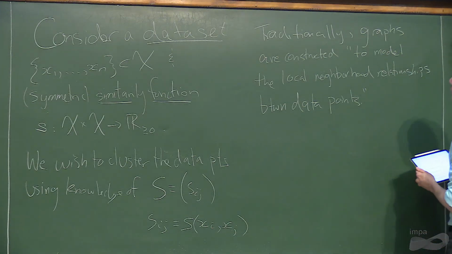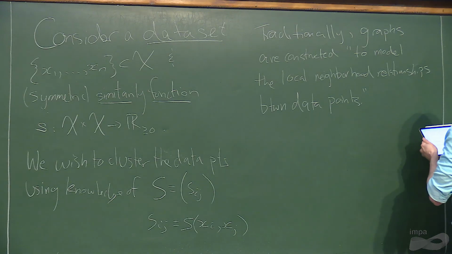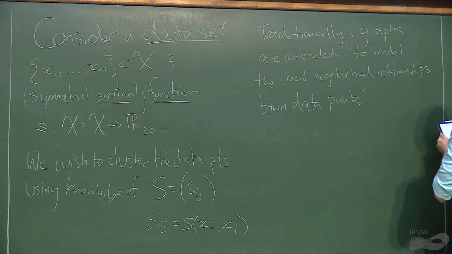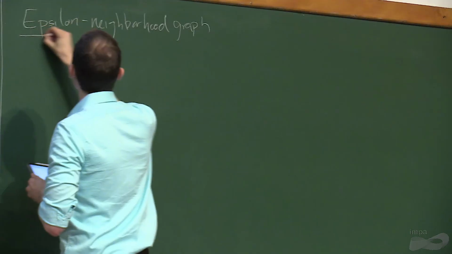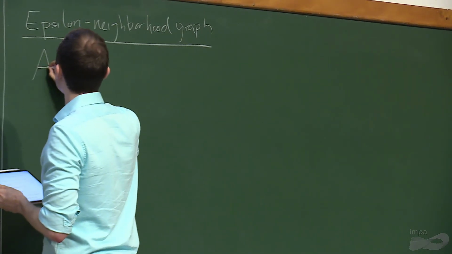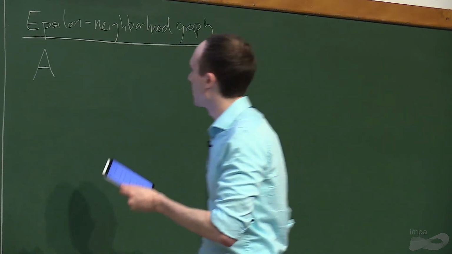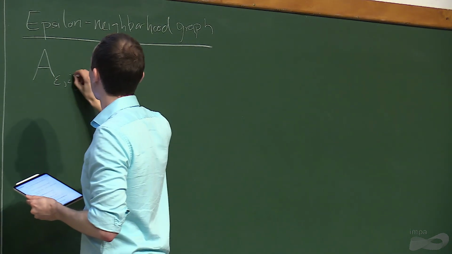So the most commonly encountered graph construction is called the epsilon neighborhood graph. The idea is that we have, now I'm going to use A for adjacency. There is some epsilon quantity that governs the mechanism.